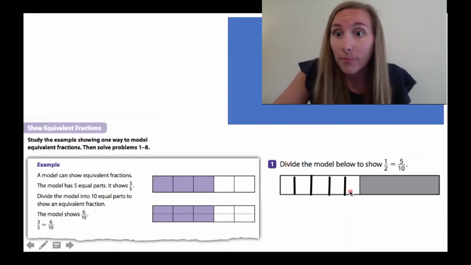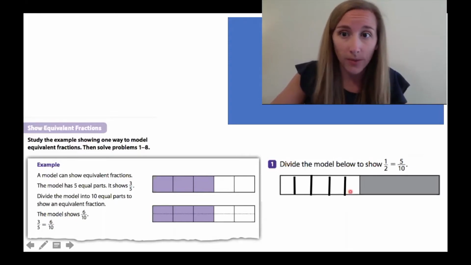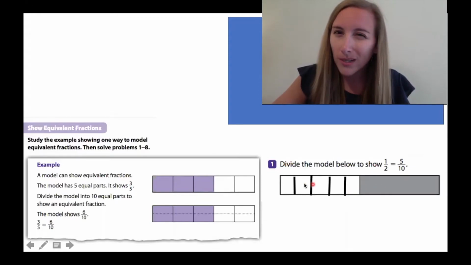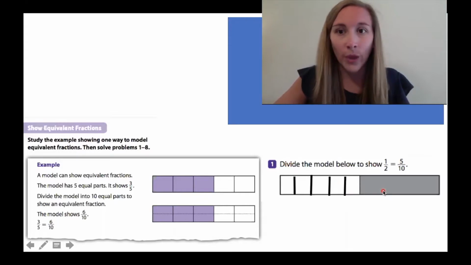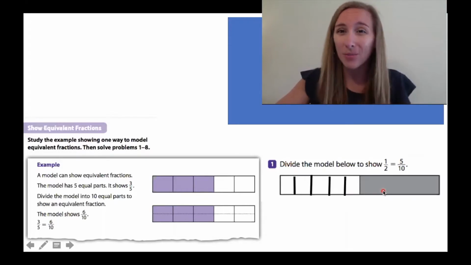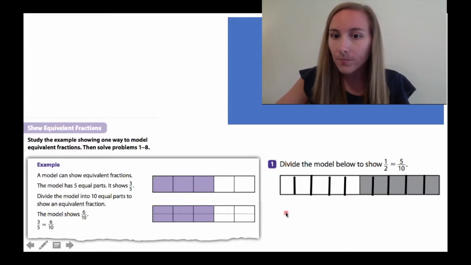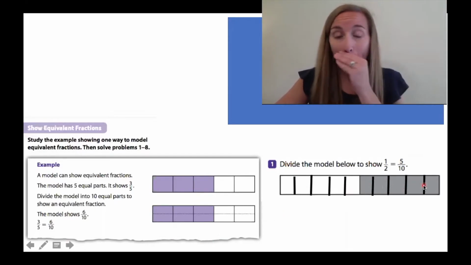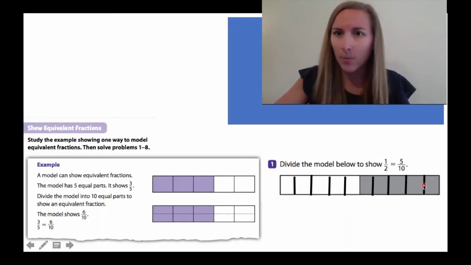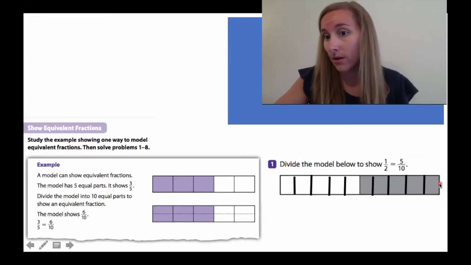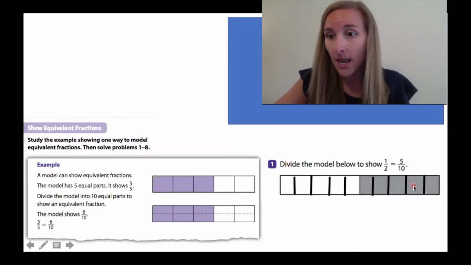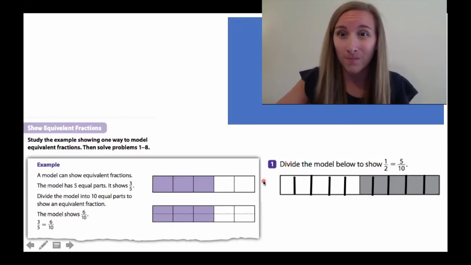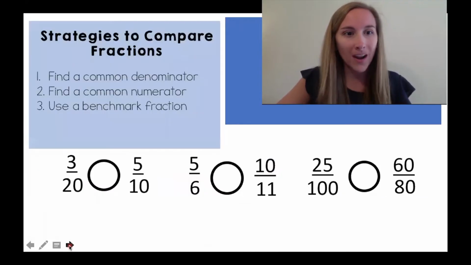Okay, well, I have 5 parts now, so I'm good. That's 5/10, right? Well, are all your pieces equal? No, in a fraction, your pieces have to be equal parts. So you have to make sure that you're dividing those shapes equally, those shaded portions equally, meaning now I have 5 parts over here and 5 parts over here. So 5 shaded in out of 10 in all. Okay, y'all are doing great.